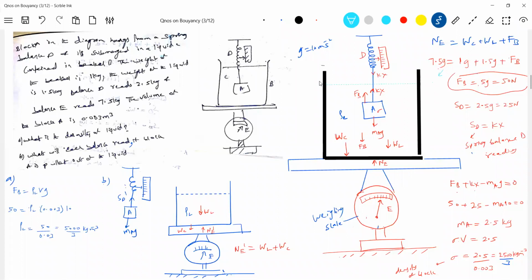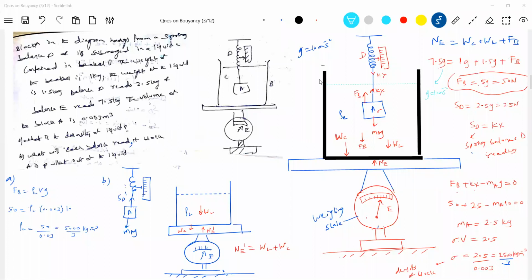The buoyant force FB plus Kx should be minus mg on the block.